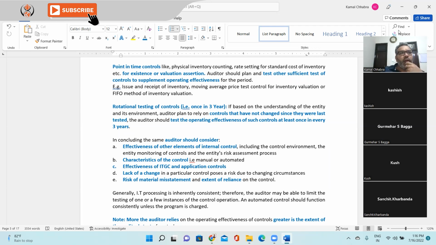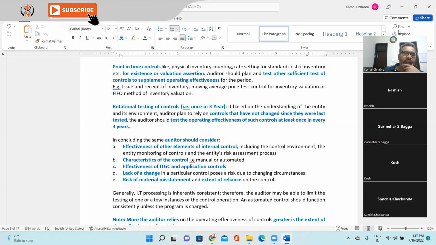So generally every year the company does revision based on inflation and other factors that are impacting, or whenever the company is launching a new product or new services, there might be rate setting for that, right? That is also generally point in time. You need to test at the time of rate setting. So selling price basically. Yeah, maybe selling price, or maybe cost of the inventory.